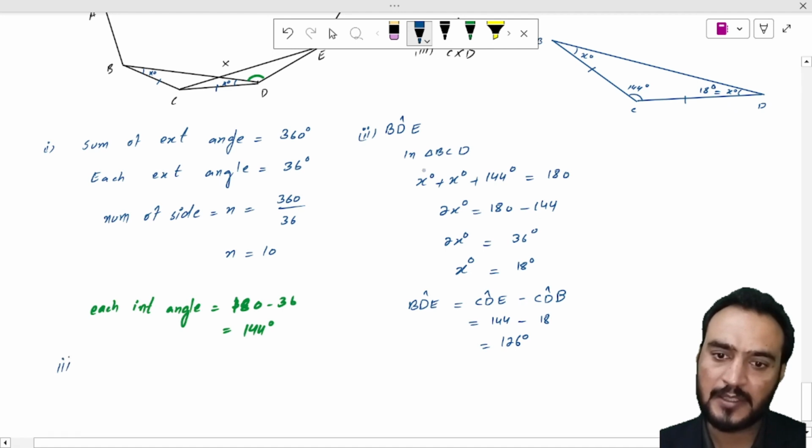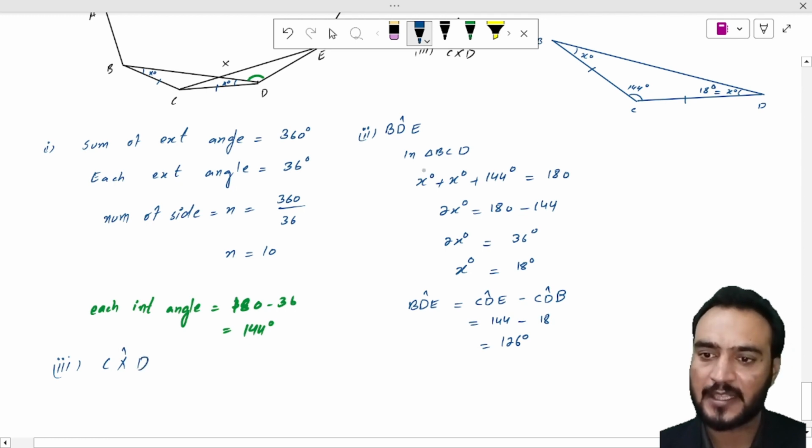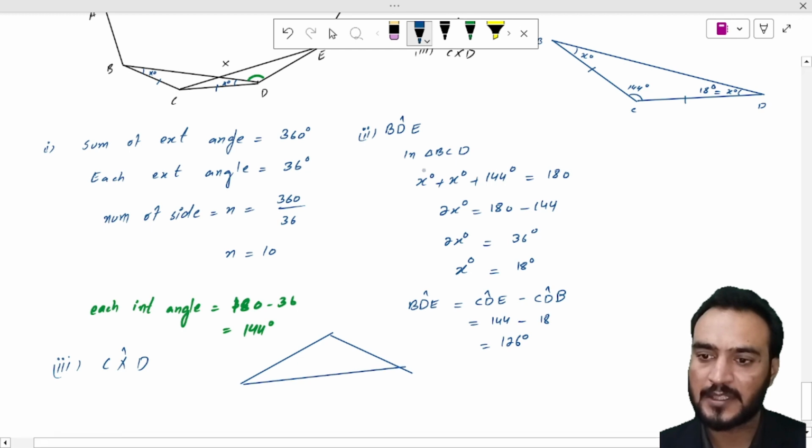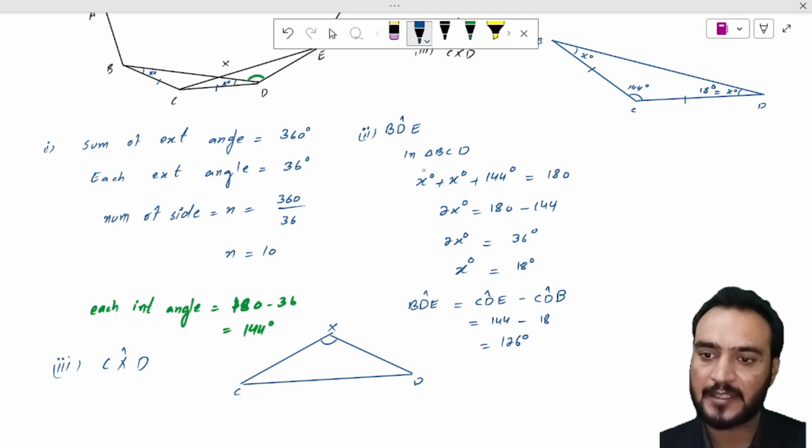The third part is CXD. Let us draw the triangle CXD over here. This is the point X, this is the point C, and this is the point D. We have to find this angle, which is CXD.